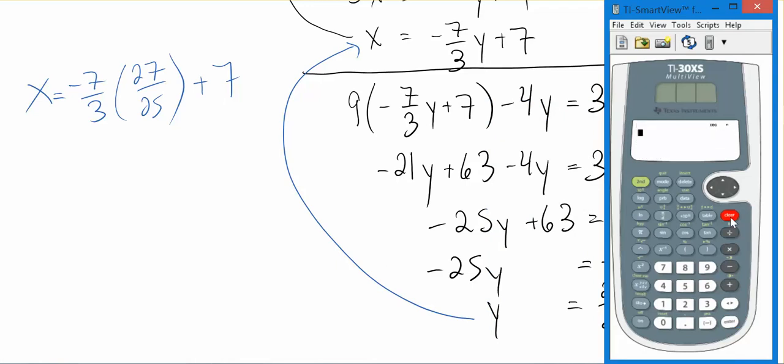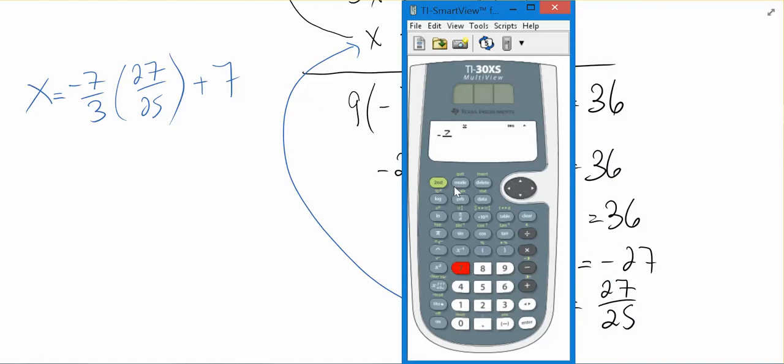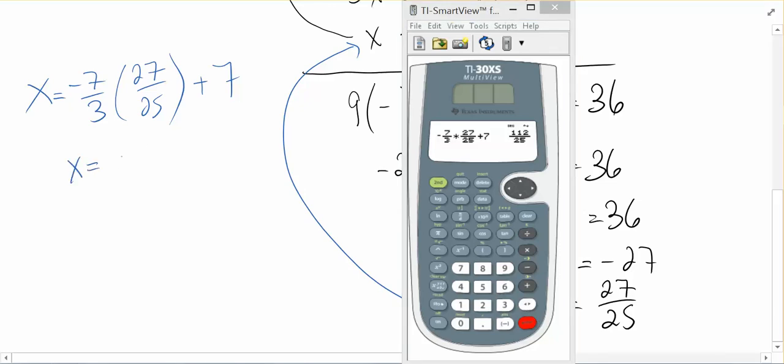So I would bring this calculator up, and I would say I have negative 7/3 times 27/25 plus 7. And we get 112/25. This is not a fun answer at all. We get this ordered pair 112/25 over 27/25.